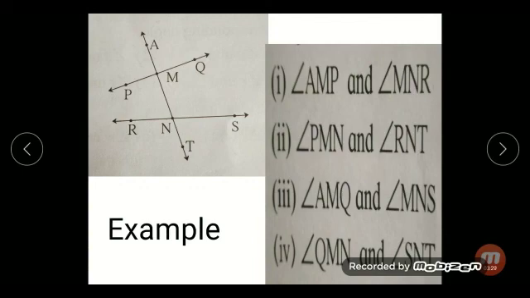Angle AMP corresponds to angle MNR. Angle PMN corresponds to angle RNT. Similarly, AMQ corresponds to MNS, and angle QMN corresponds to angle SNT.